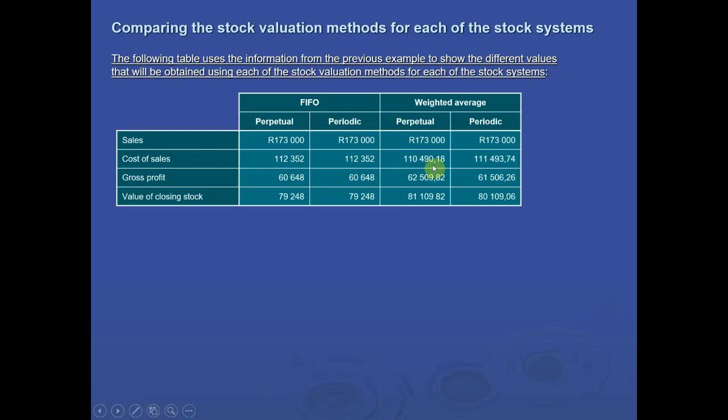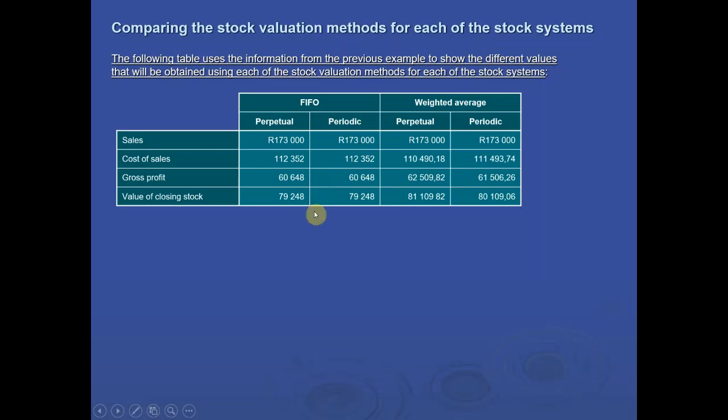But we also see the weighted average, the cost of sales, no matter which method was used, was lower than in the first in, first out method. The gross profit for first in, first out was the same no matter if it's the periodic or the perpetual system, whereas for the weighted average it differed, but what we also see is, though it differed, both were higher than for the first in, first out method.